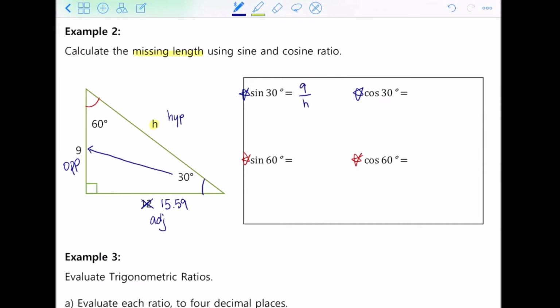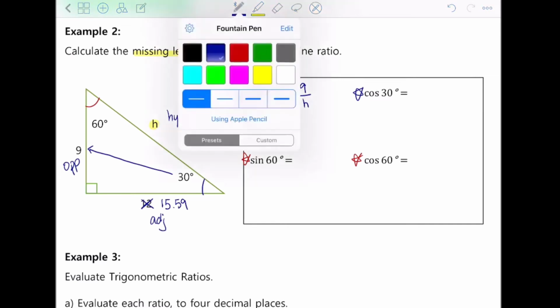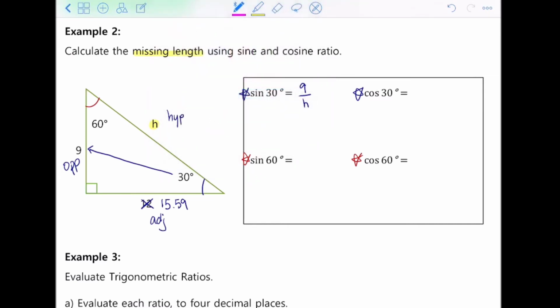When you're solving for h, we will have to first isolate h to have it on the top. Because it is on the denominator now, we can't just state it this way. First, you multiply h to the entire equation, and you should have h times sine of 30 degrees equal to 9.